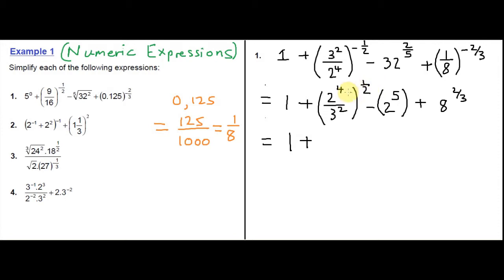Here we're going to multiply the powers, so 4 times a half is 2, and 2 times a half is 1. So just 3 in the denominator. Of course, we need a 2/5 here. Multiplying the powers here, the 5's cancel, and we've got 2 squared. Then we can use prime factors of 8 again, which is 2 cubed.